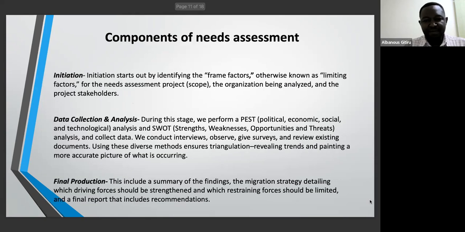To the next slide. So after you've done your needs assessment, there are 3 key components that are crucial for us to understand. Now, the first component in needs assessment is the initiation. The initiation starts out by identifying what are the frame factors, otherwise known as the limiting factors for the needs assessment.